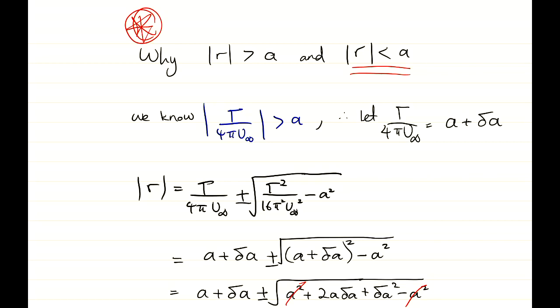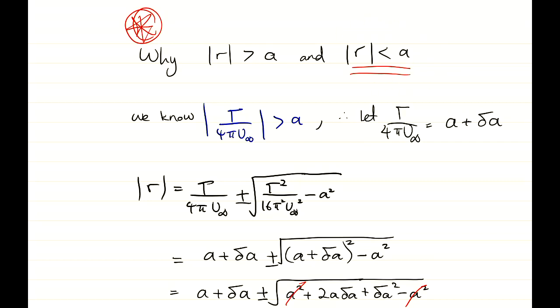We know that one point is located at r greater than a, which is not on the surface of the cylinder, and one is at r less than a, which is inside of the cylinder. But you guys weren't convinced with this part here.